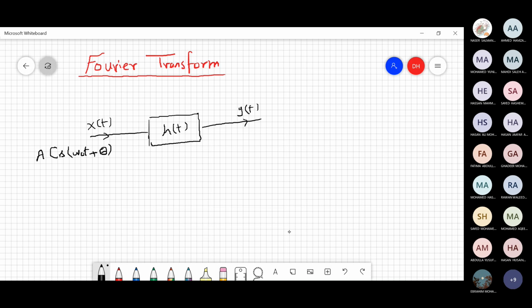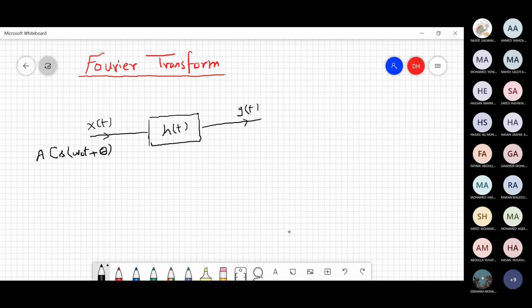Whether it is only one or if we have a periodic signal, which is a square, triangle, whatever, we change it to a weighted sum of sinusoids. Then we can apply superposition. So for each term, we can find the output easily.